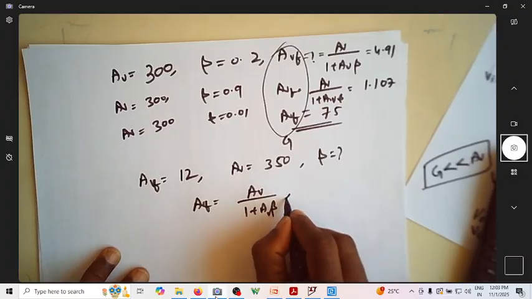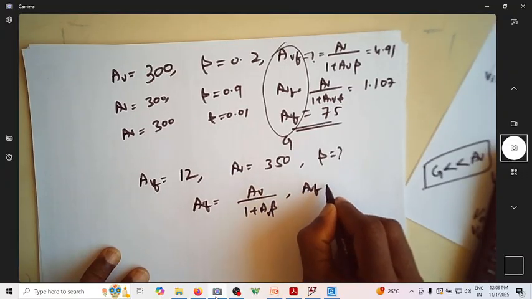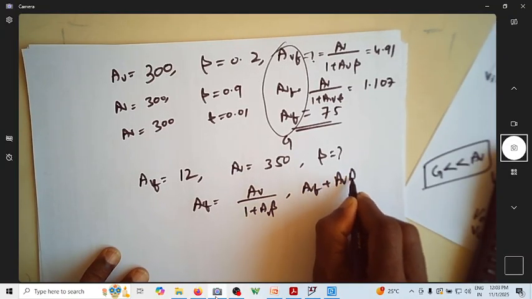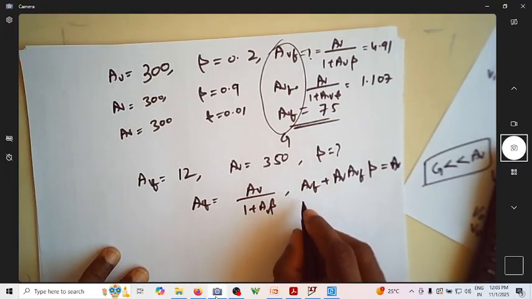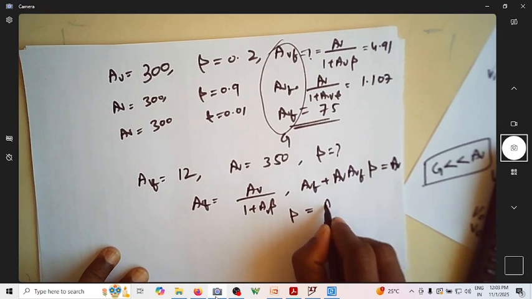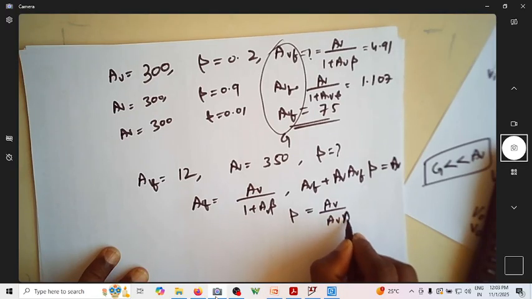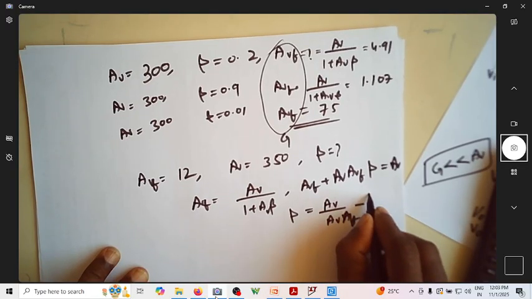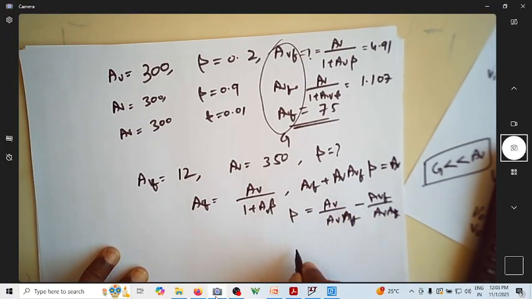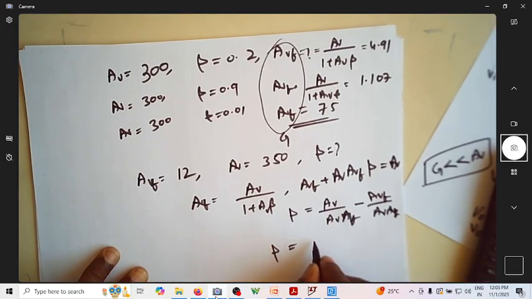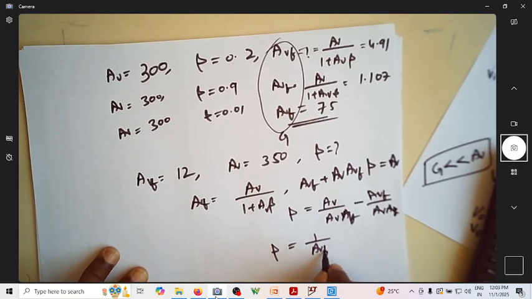If you make the cross multiplication, AVF plus AVF into AV into beta is equal to AV. So I can write beta as equal to AV minus AVF, divided by AVF into AV. Will it now become beta is equal to 1 over AVF minus 1 over AV?